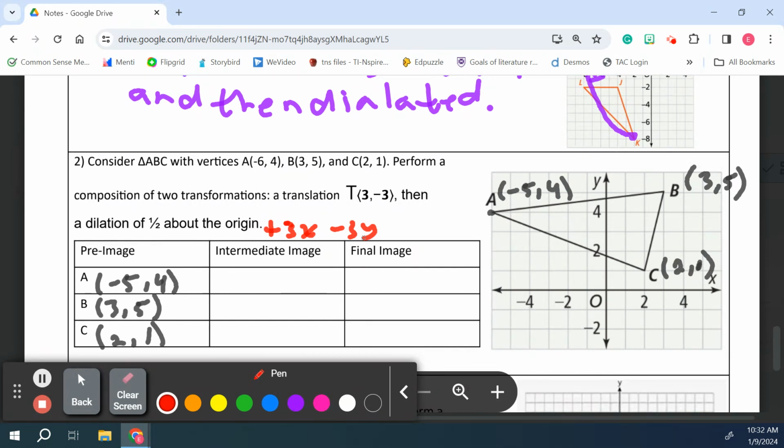So adding 3 leaves us with -2, 1. This will be A double prime. B double prime is going to be 6, 2. And C double prime is going to be, looks like 5, -2. Okay. So that takes care of the translation.